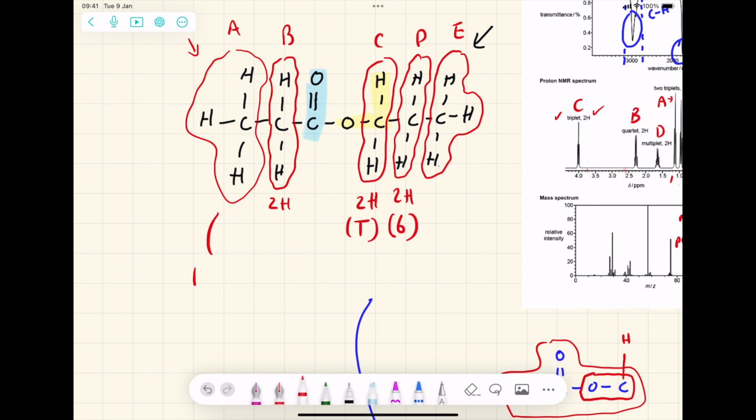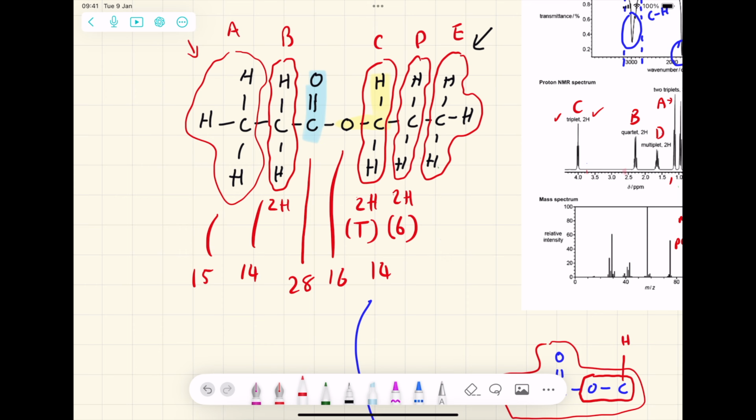We have 15 for the CH3, 14 for the CH2, 28 for the C double bond O, 16 for the oxygen, 14 for another CH2, 14 for another CH2, and then 15 for the end CH3. All of that adds up to 116. That is very reassuring because the molecule that I've just made up fits that number perfectly.